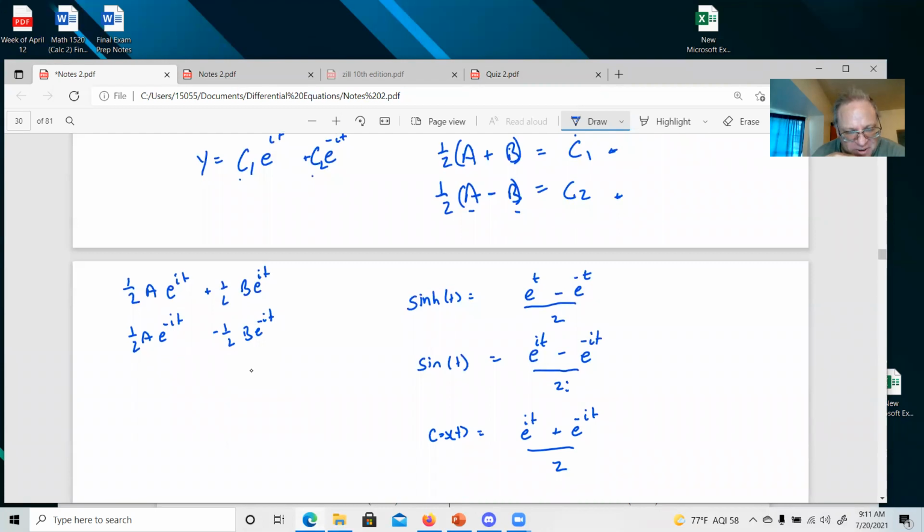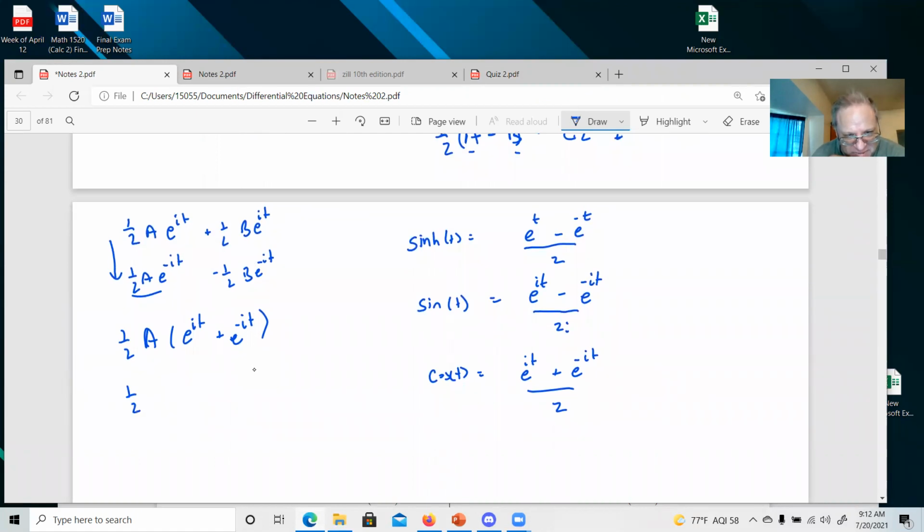And what we did now is we said, well, this is 1/2 A, e to the it plus e to the negative it. That's adding them up vertically. And then we had a 1/2 B, and this was e to the it minus e to the negative it, and this is just going to be A cosine t, and this is going to be B sine t. Okay, so that's how we're pulling that apart here.